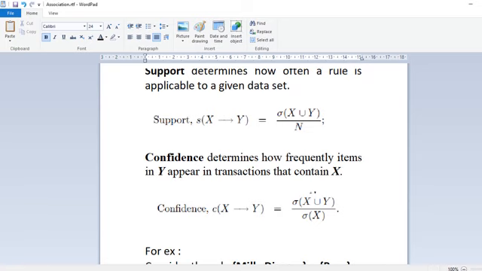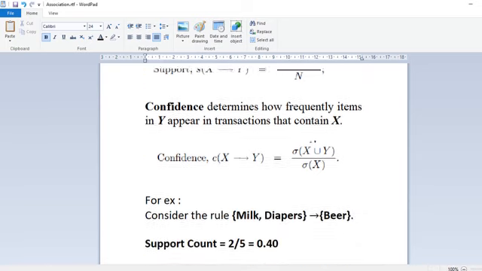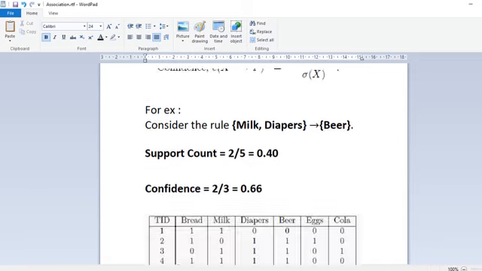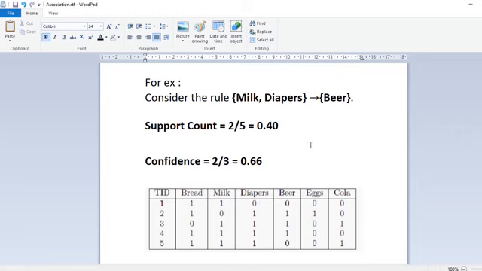Let us clear the definition with the help of an example. Suppose you consider the rule milk, diapers implies beer. Here the support will be equal to 2 by 5. Why has it become 2 by 5?